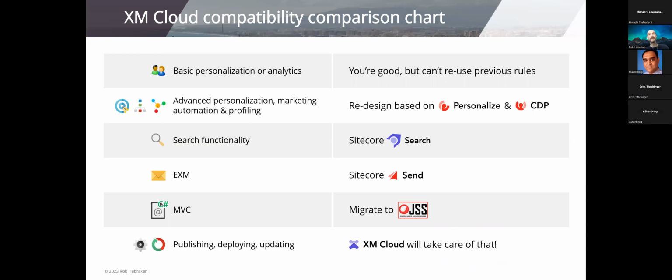Search functionality is something you want to replace by Sitecore Search, EXM by Sitecore Send, and MVC needs to be migrated to, if you're not already using that, JSS. And publishing, deploying, and updating is completely taken care of by XM Cloud, so that's very cool.